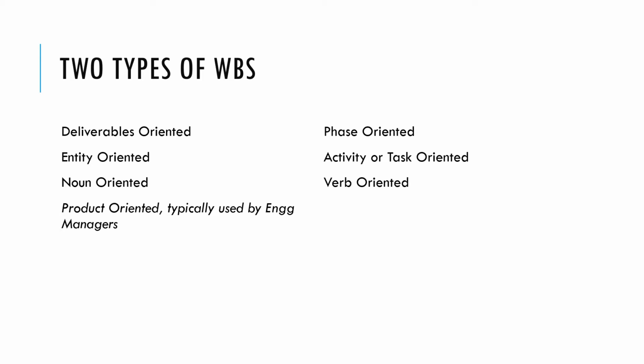The deliverables oriented WBS is known as noun oriented WBS as well, while the phase oriented WBS is known as verb oriented WBS as well, right? So these are basically different names of the same kind of WBS. Now, this one is process oriented. So the phase oriented WBS is typically process oriented, and that is why it is used by project managers.